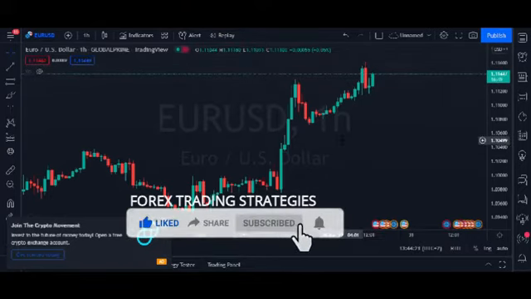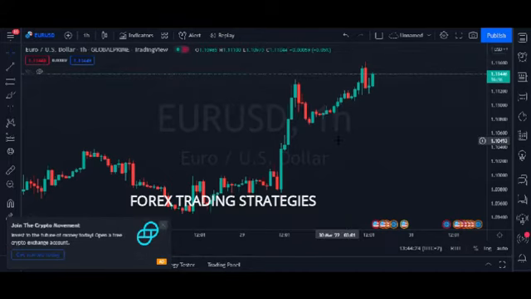So it complicates things in that sense. But otherwise, there is nothing really to worry about if you just focus on the candlesticks that you are looking at.